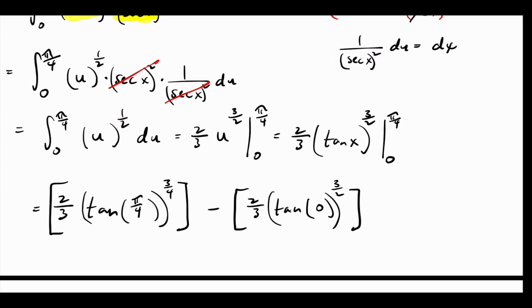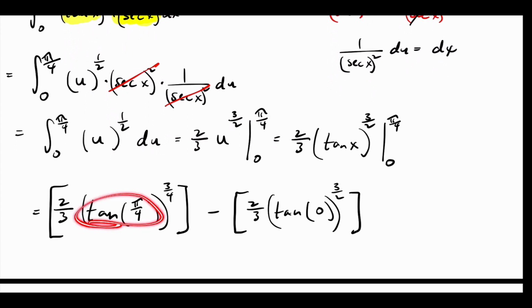So tangent of pi over 4. What is tangent of pi over 4? It's going to be 1. So 1 to the 3/4 power is just 1. Times 2/3 is 2/3.